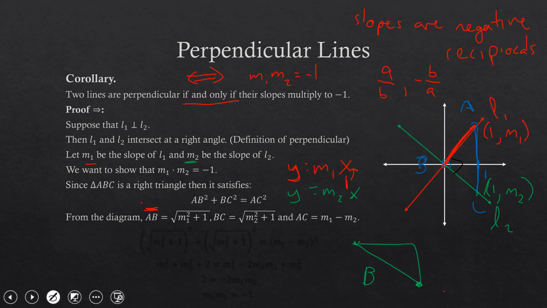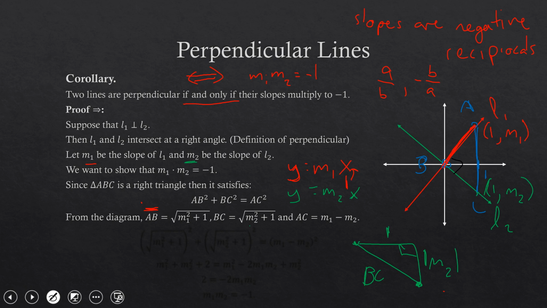This is again 1, and this is a length of m2, not really the absolute value of m2. And so we can again use the Pythagorean theorem to figure out how long BC is. It's going to be equal to the square root of m2 squared plus 1.